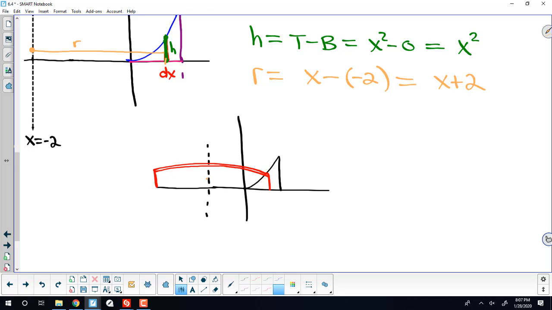So that's the radius of your cylinder. Any questions? So the height of the shells didn't change because we're revolving it around a different axis. But what changes is the radius.